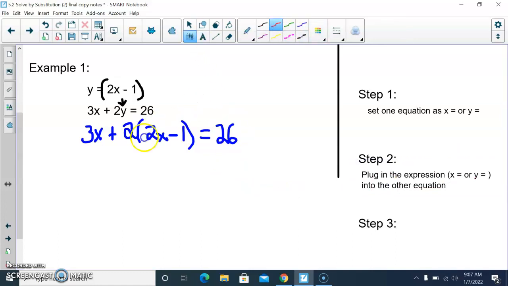So now if we look, we have a number outside our parentheses. So what would make sense is to distribute that number. 3x plus 4x minus 2 equals 26.